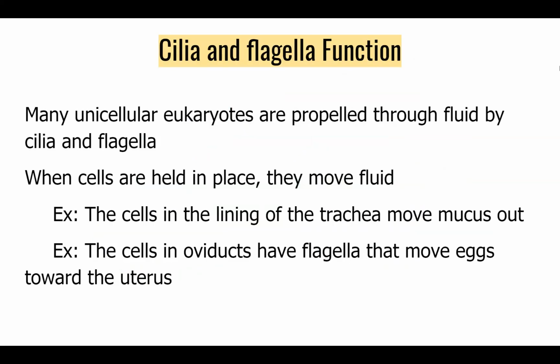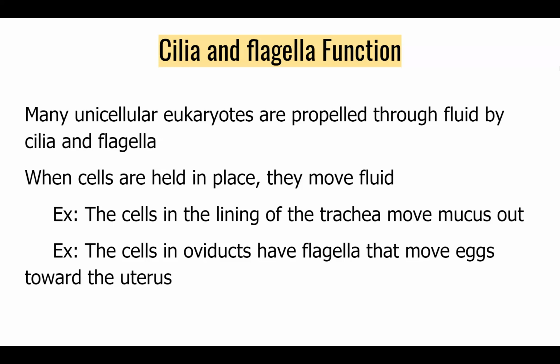Now, what do they do? Lots of really cool stuff. Many single-cell eukaryotes are propelled through fluid by cilia and flagella. So like our idea of a sperm cell, they swim. But a lot of unicellular eukaryotes also just move through fluid. But sometimes cells that are held in place also have cilia and flagella. So cells that aren't meant to move have these cilia and flagella, and their goal is to move the fluid around them.